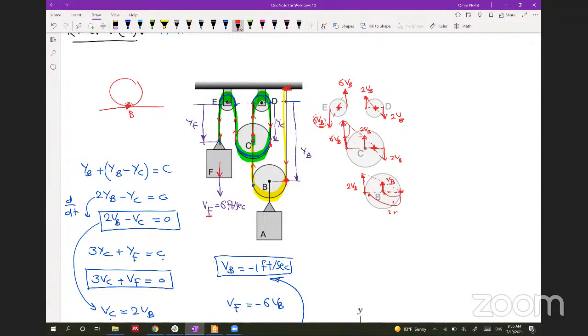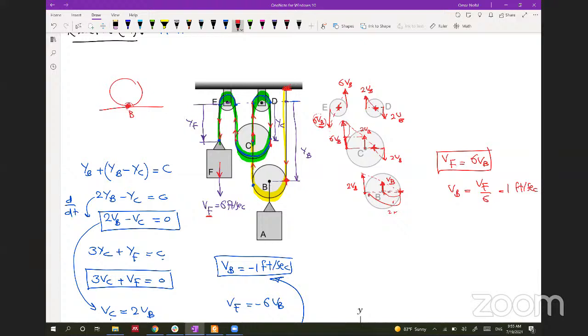So from here, VF will be equal to 6VB. We know that VB is going up, and VF is going down. So we know the directions. So we can get VB, which is VF over 6, so it will be 1 feet per second.